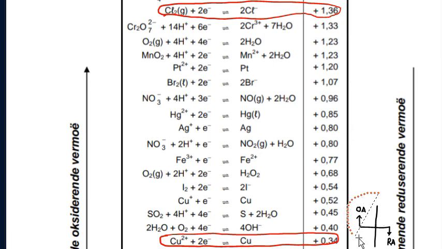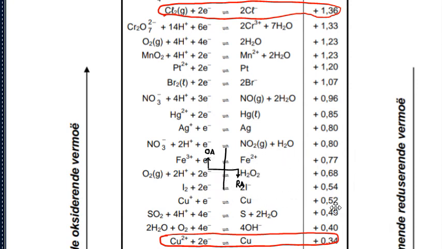If we take our direction arrows and put them on this table, you'll see the arrow is pointing to the left and up, which leads us to chlorine gas.